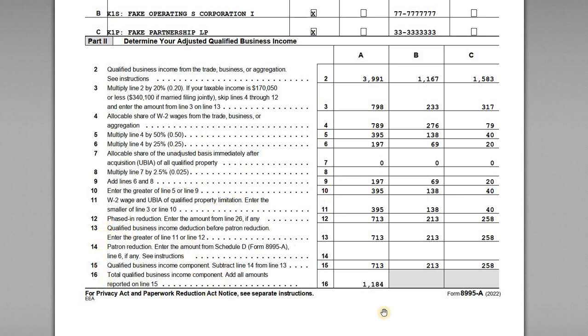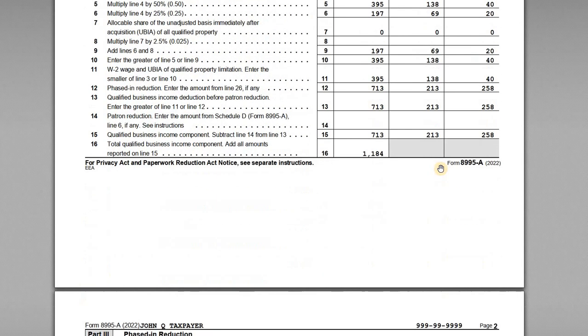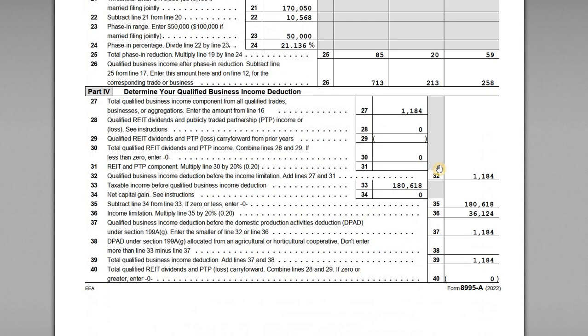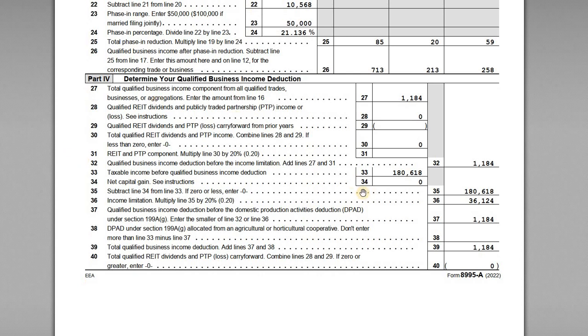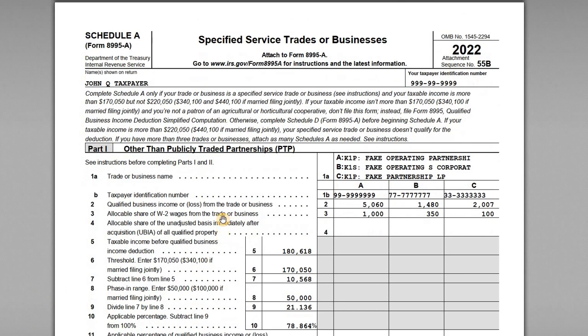After this is completed down here on line 16, we'll move on to part 4 and compute the overall qualified business income deduction that John can then pass up to his return, page 1 of his 1040, where he actually claims that QBI deduction amount. All right, so that's going to be the step process here.